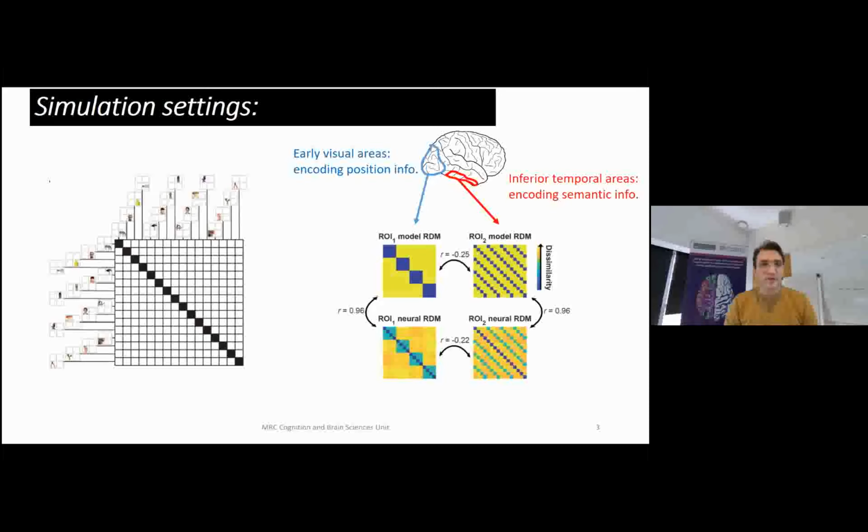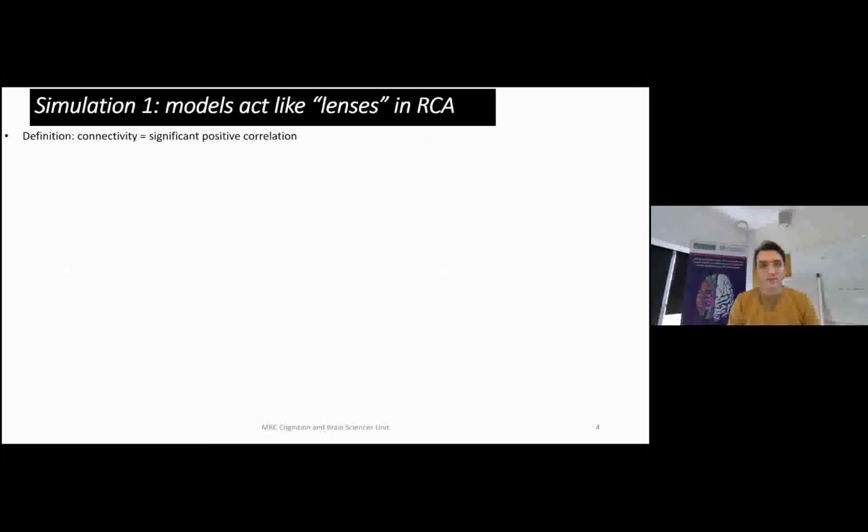Then we generated neural RDMs based on the hypothesized information that should be represented there, and you can still see that information is uncorrelated or negatively correlated across the two ROIs. In the first simulation, we tried to see if having models in your representational connectivity analysis can put lenses on the connectivity that you're measuring. For that purpose, we have some illustration here.